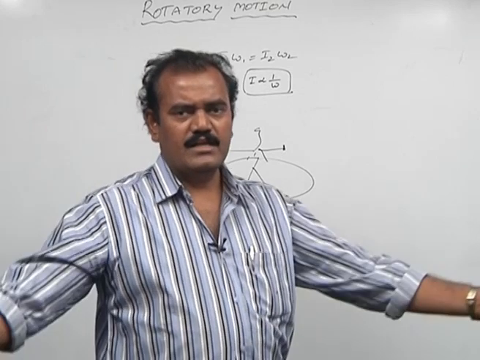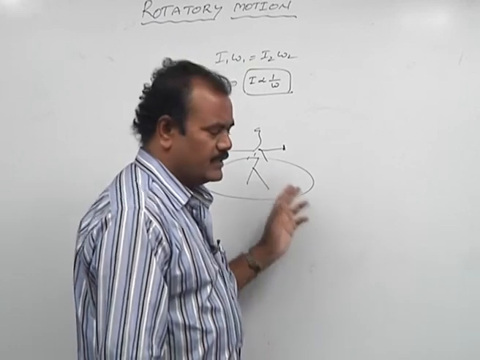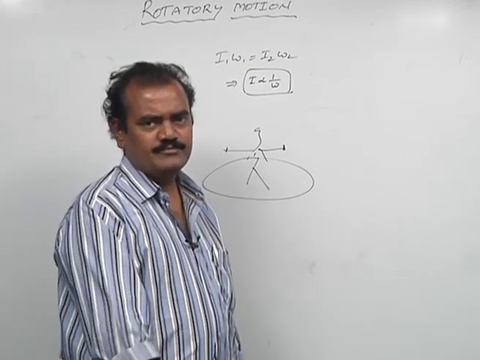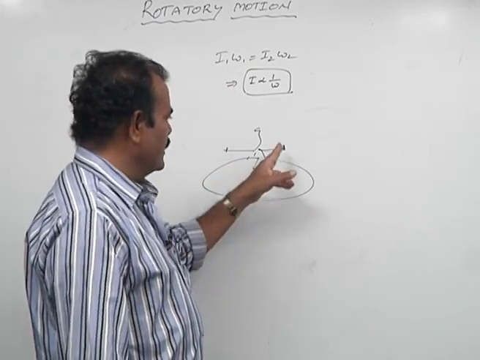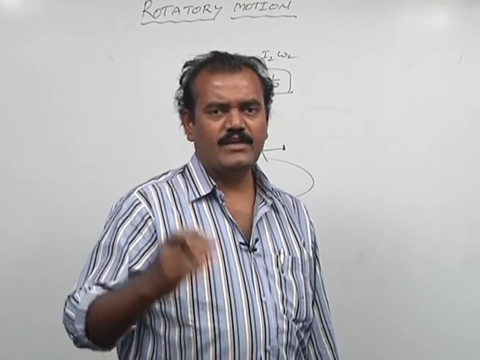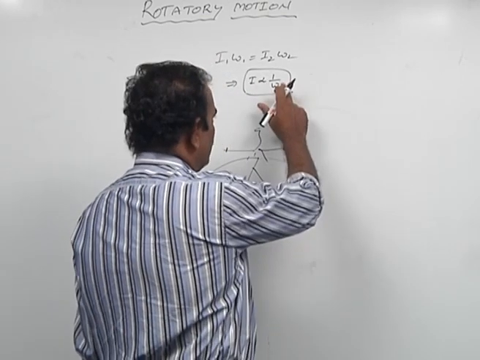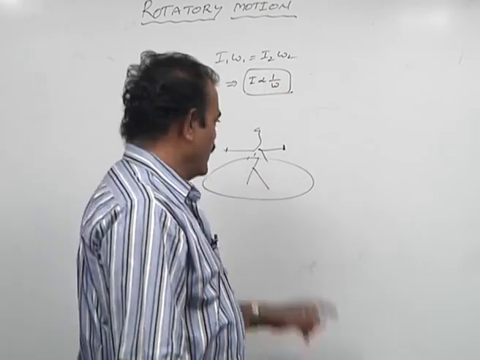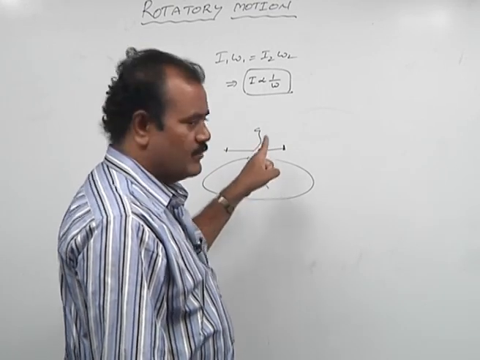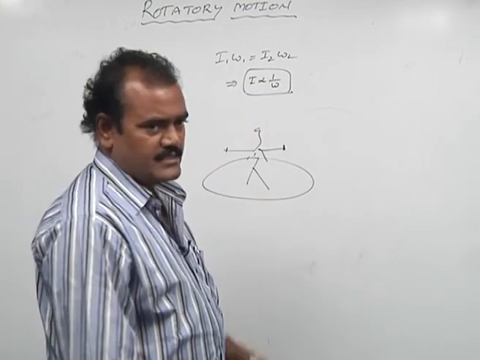When the dumbbells are held out like this, he appears to be rotating very slowly. Why? Because the dumbbells are far away from his body axis. That's why the I value is greater, because I is mass into distance squared, and so omega will be less.